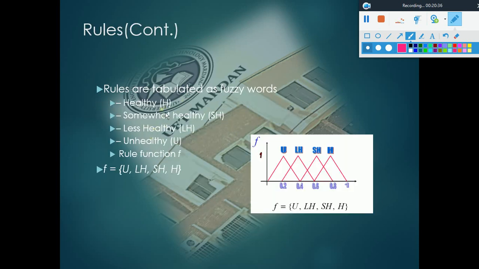The output is H, which means that the person is healthy. Its value depends upon the height and weight of the person. Somewhat healthy, less healthy, unhealthy, and these are the rule functions UHL. We have defined that.